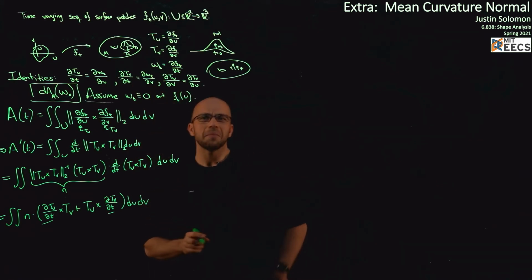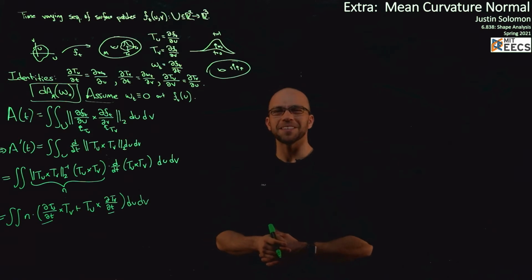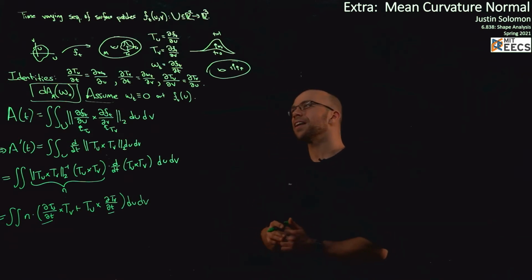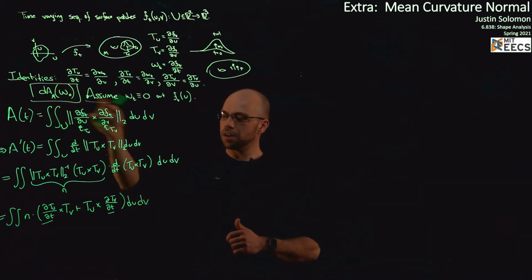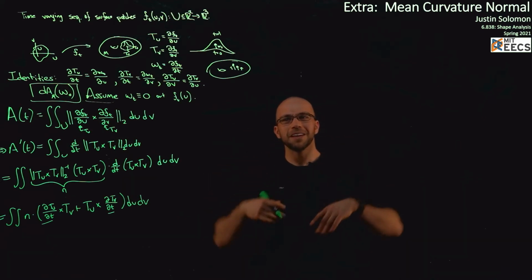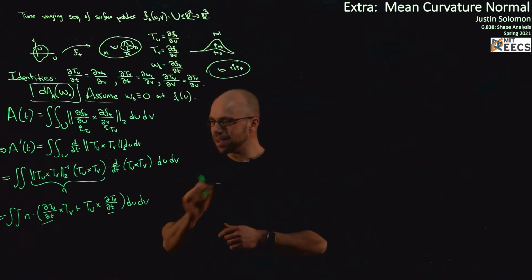Now, why am I doing this? What kind of intelligent design leads me to think that's the right next step in my simplification? Essentially, at the end of the day, what I'm going to want is the rate of change of area in terms of w, right? Because that's like the velocity of the surface as it moves around. So I want to get rid of as many of these tangential terms as I can. Okay, so let's do that.